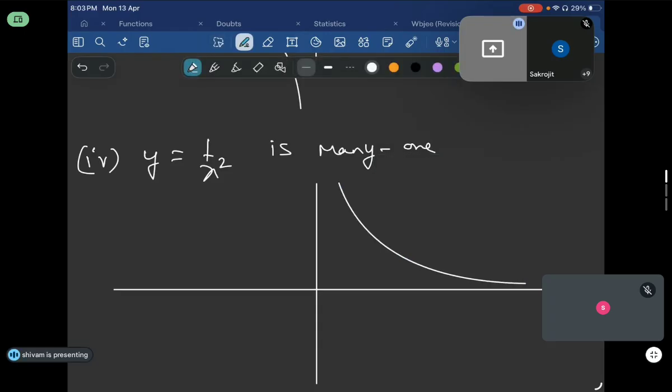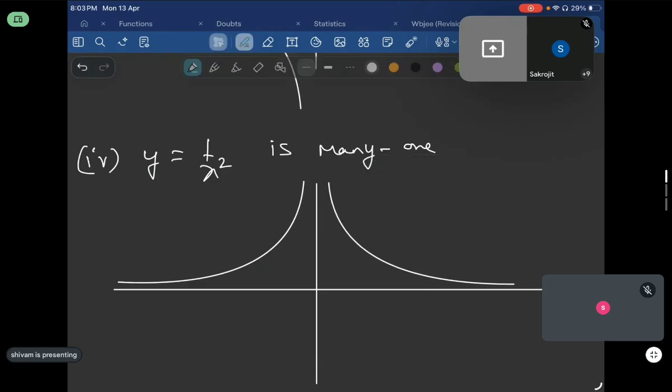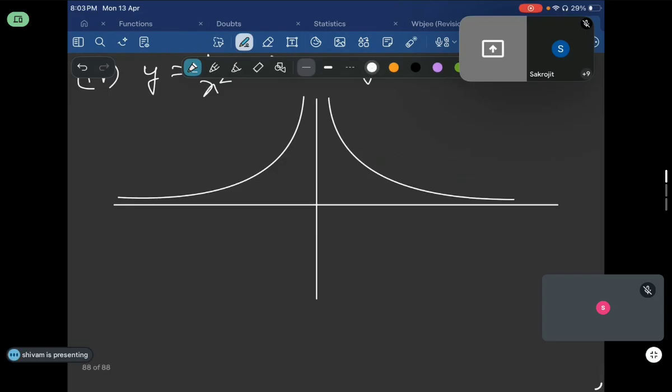You can understand, right? It is an even function. Whatever graph you draw on the right hand side of the y-axis, the same graph you draw on the left hand side of the y-axis. Also, 1 upon x1 square is equal to 1 upon x2 square.